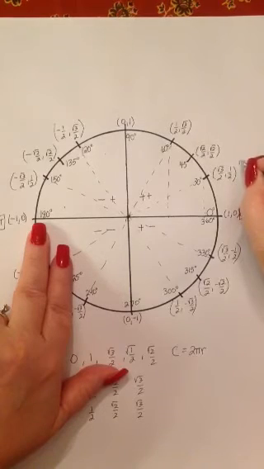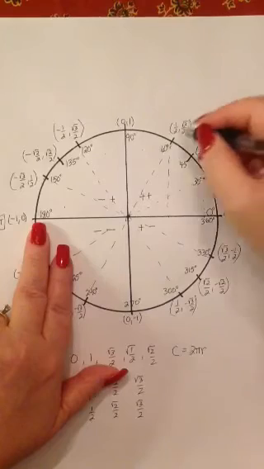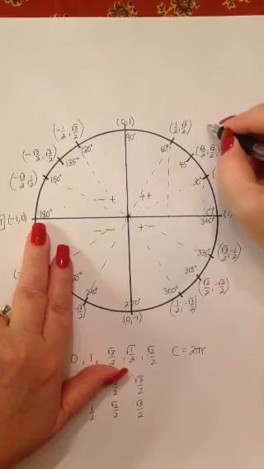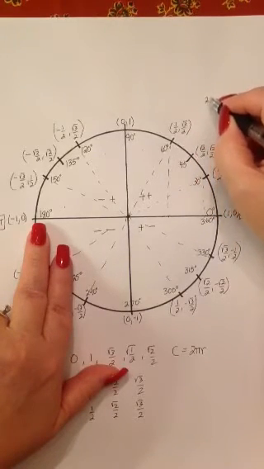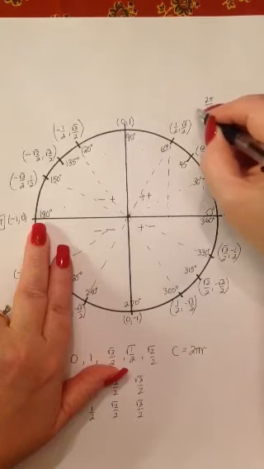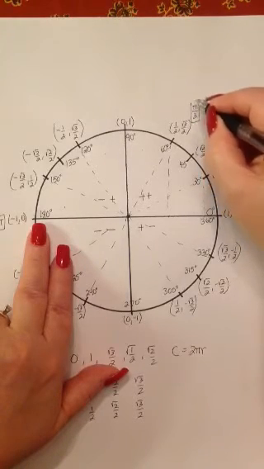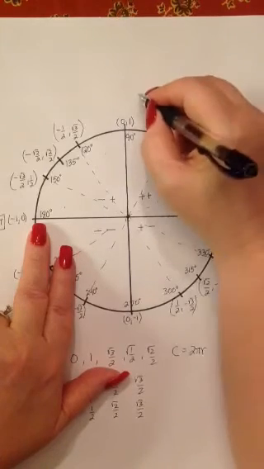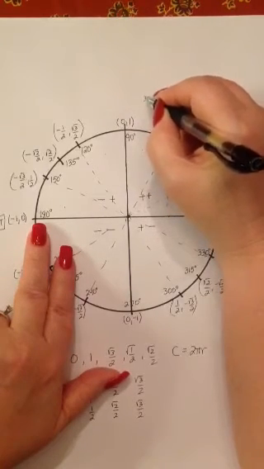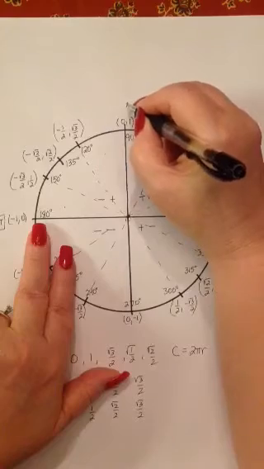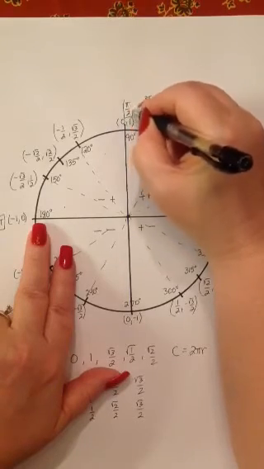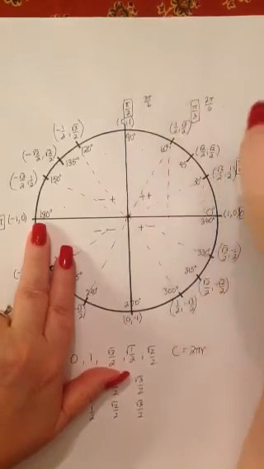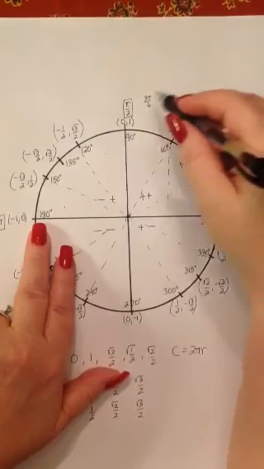So we would say that this is pi over 6. At 60 degrees, it's 2 pi over 6. But 2 pi over 6 reduces just to be pi over 3. So that's what we'll put in our box. Up here would be 3 pi over 6, but that would reduce to be pi over 2. So we have pi over 6, 2 pi over 6, 3 pi over 6.